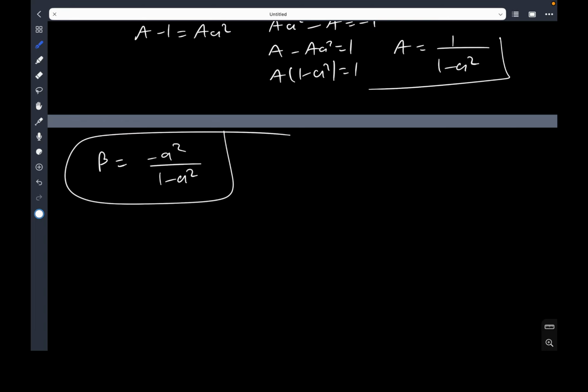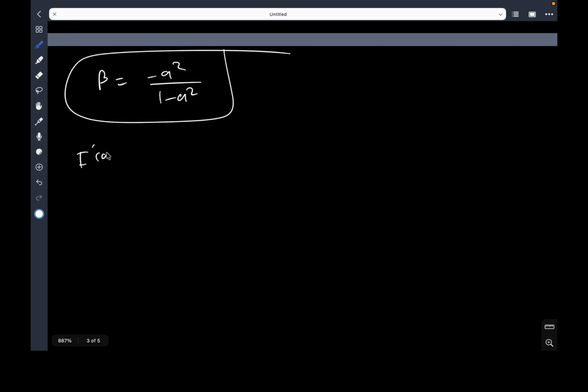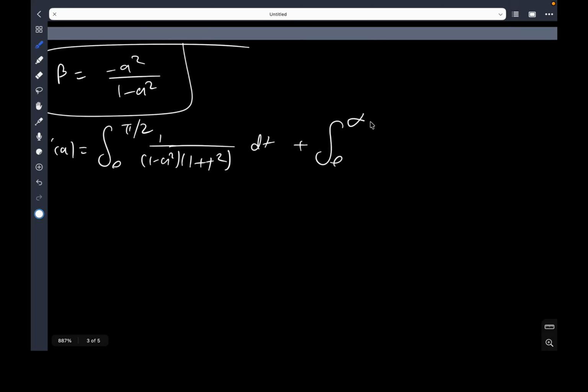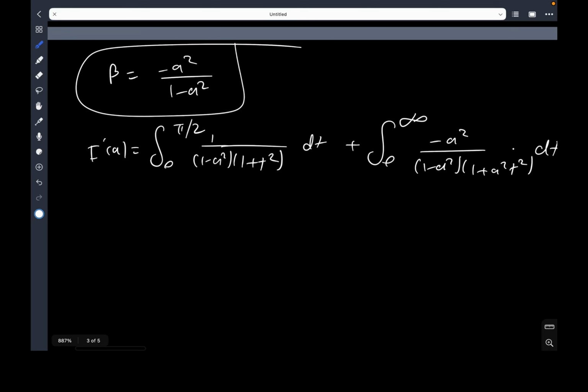So my I prime of a, if I do the fractional decomposition, is the integral from 0 to infinity of 1 over 1 minus a squared times 1 over 1 plus t squared dt, plus the integral from 0 to infinity of negative a squared over 1 minus a squared times 1 over 1 plus a squared t squared dt.